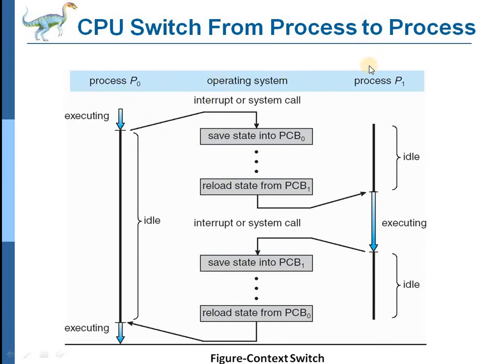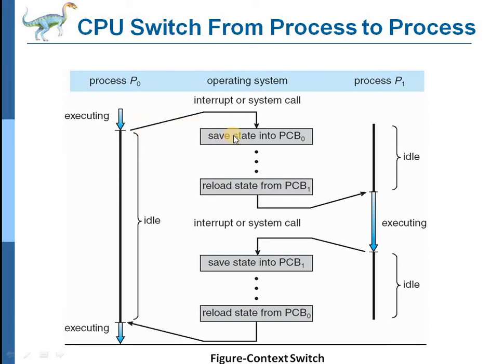These two processes are being executed at the same time. First, process P0 is executed, meaning process P0 is assigned to the CPU for execution. At that time, it executes its instructions.